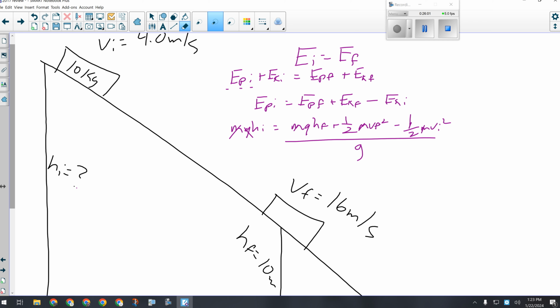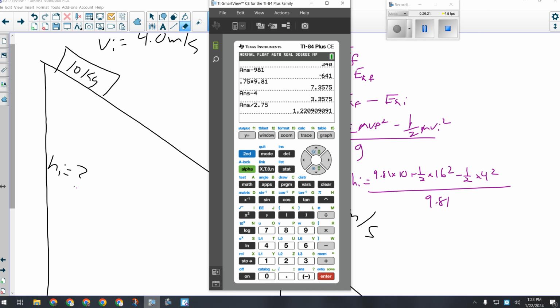So HI will be 9.81 times 10 plus 1/2 times 16 squared minus 1/2 times 4 squared, divided by 9.81. Okay, so the initial height is 22 meters.